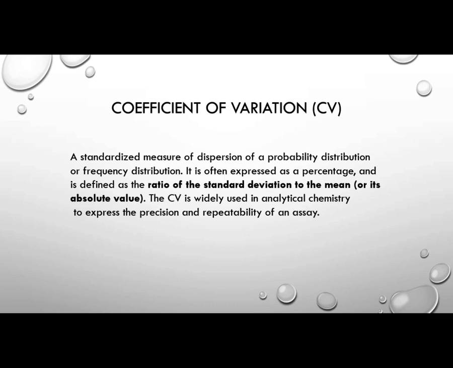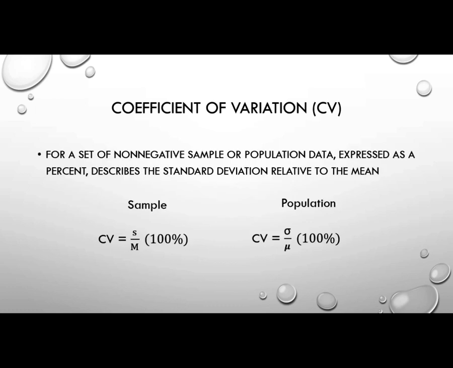The coefficient of variation is a standardized measure of dispersion of a probability distribution or frequency distribution. It is often expressed as a percentage and is defined as the ratio of the standard deviation to the mean, or its absolute value. The coefficient of variation is widely used in analytical chemistry to express the precision and repeatability of an assay.